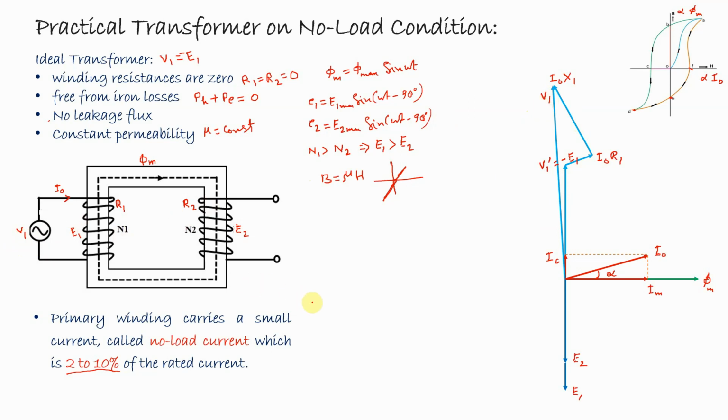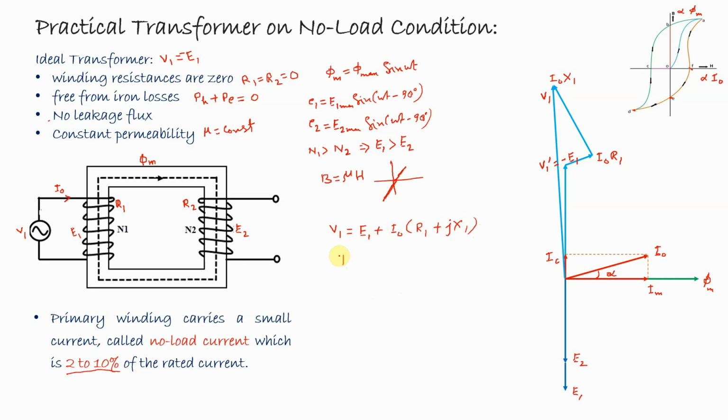So the voltage equation on the primary side is V1 equals E1 plus I naught times (R1 plus jX1). This is the voltage equation of the primary side of a practical transformer at no load condition.